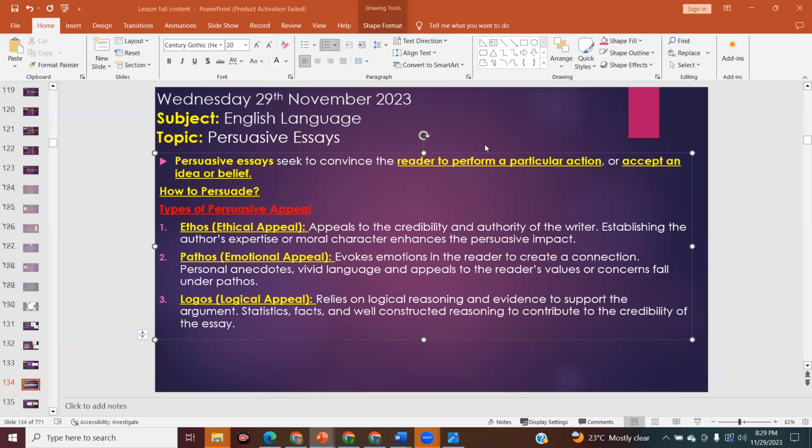And Dion, what do we mean by pathos? The emotion the reader creates to connect personally. Okay, good. So that's emotional appeal. And Latavia, what do we mean by logos? To rely on logical reasoning and evidence to support the argument. Very good.